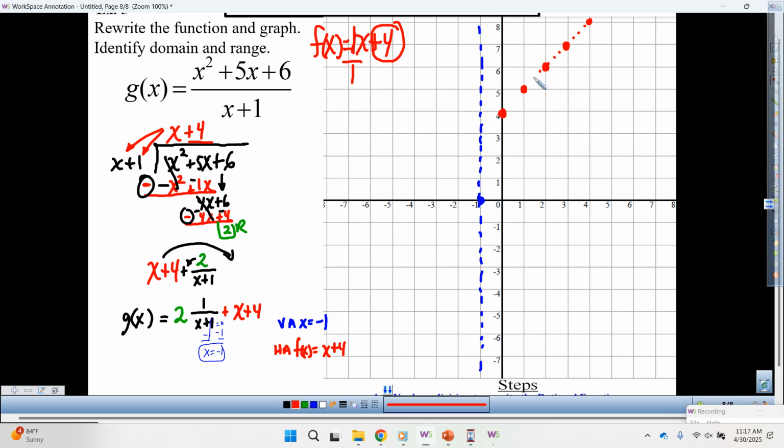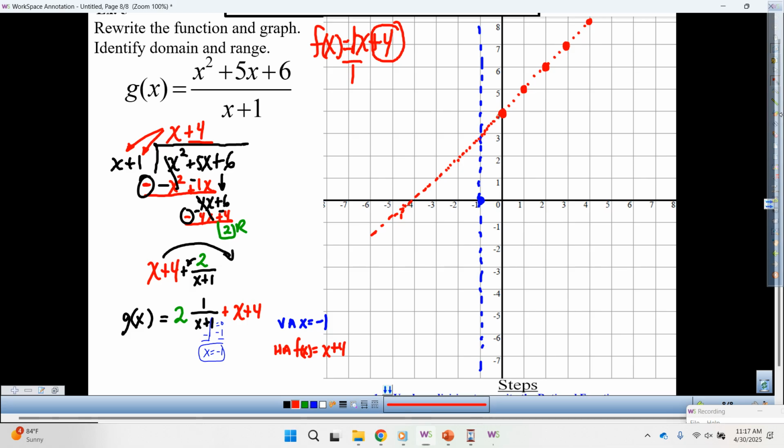And that's our other asymptote known as slant asymptote. So keep bringing that down.